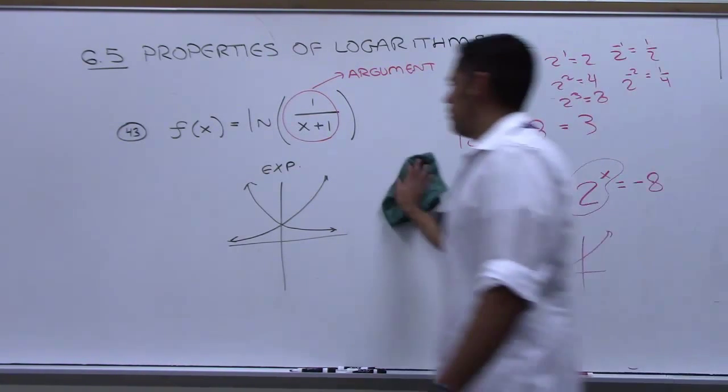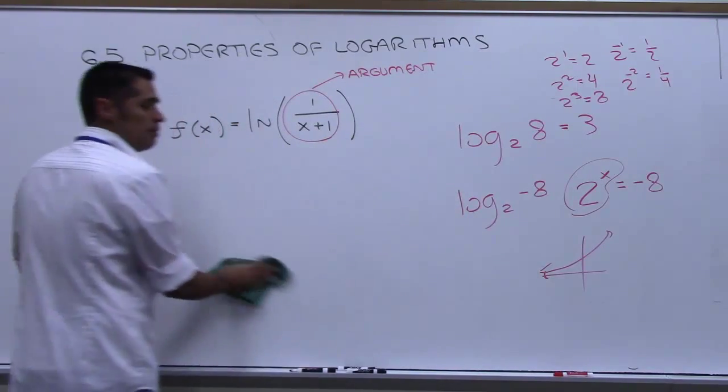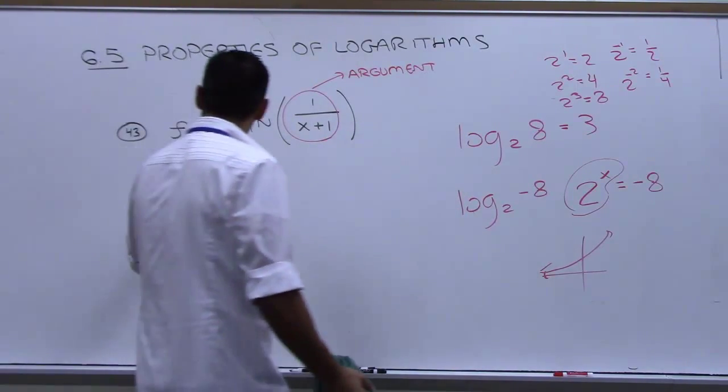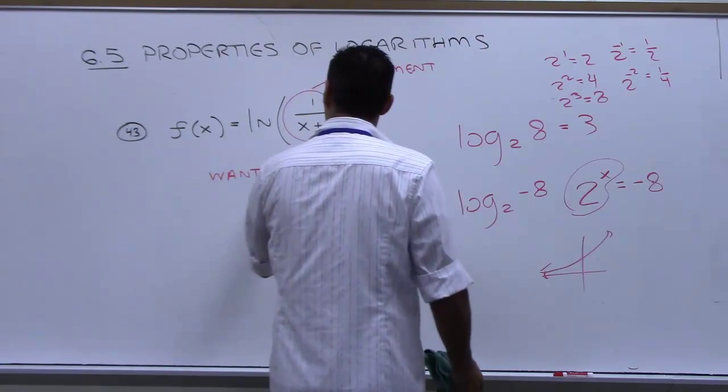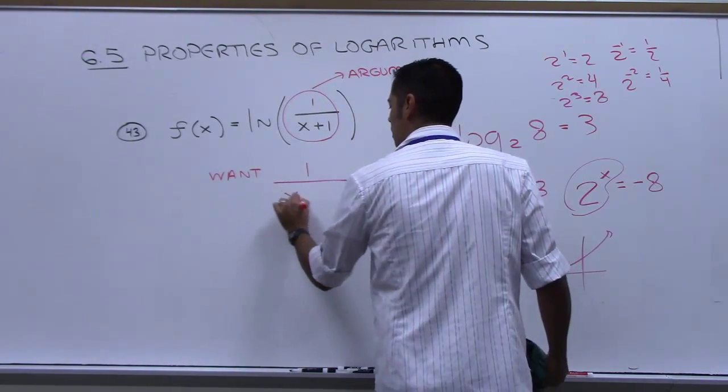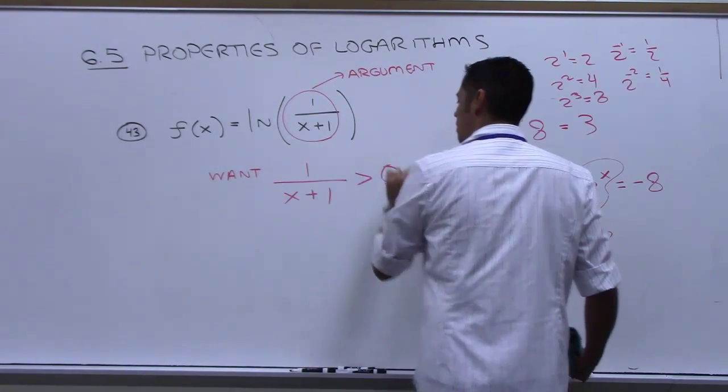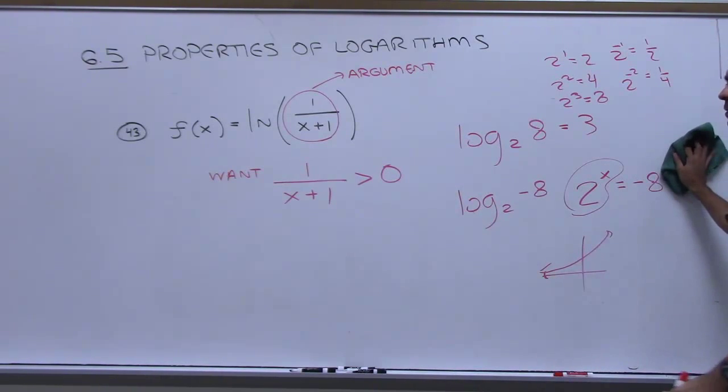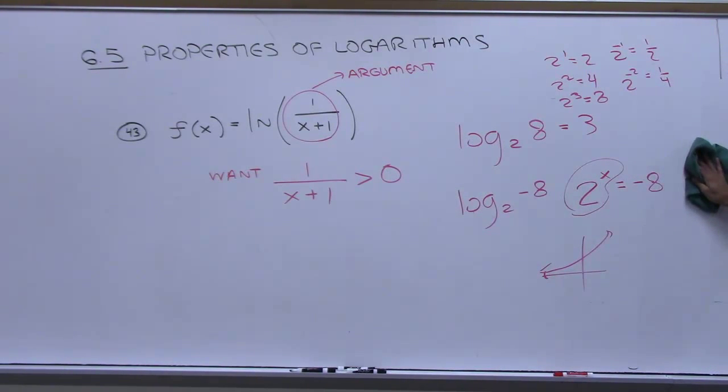Okay. So for this, what I want here is I want my argument to be greater than 0, don't I? And guess what? We studied this. This is actually called a rational inequality.